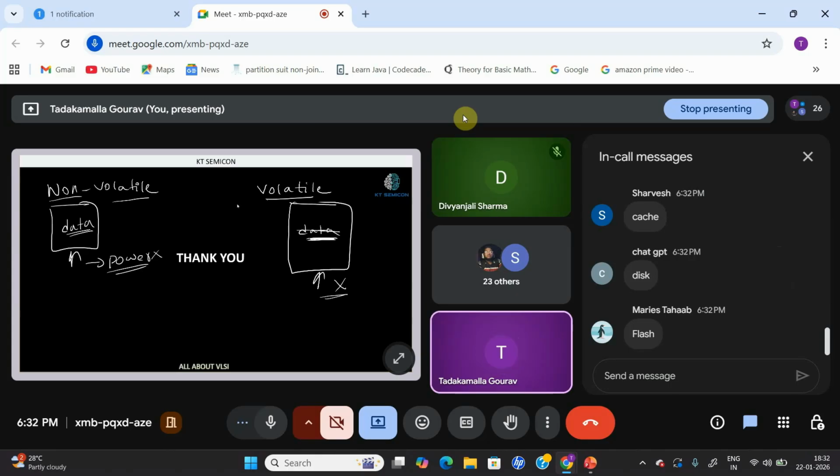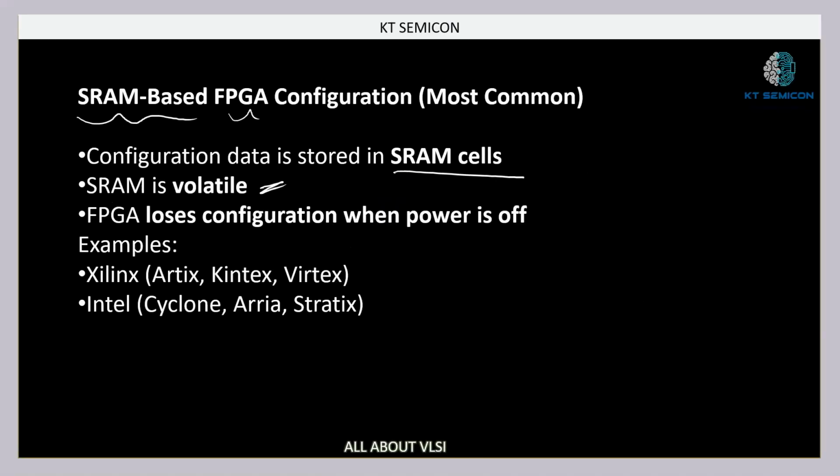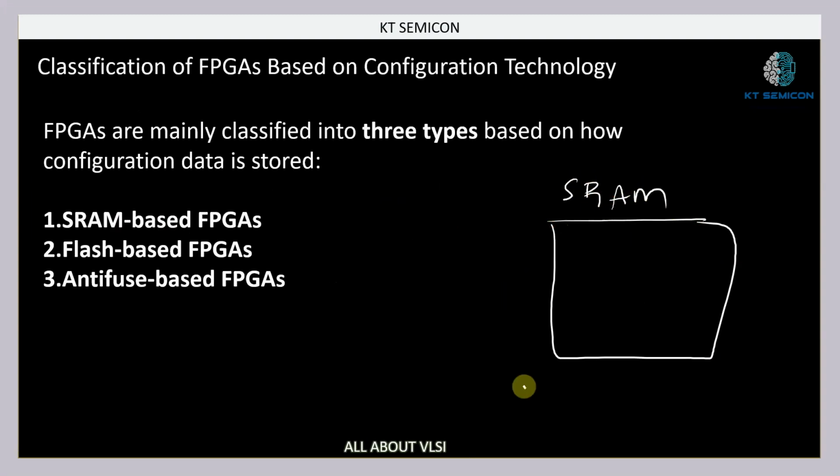Exactly. Yeah. Now, basically, SRAM based FPGAs are volatile in nature, and an FPGA will lose its configuration when the power is turned off. Let's say you have an SRAM based FPGA which you have programmed to work as an AHB controller.